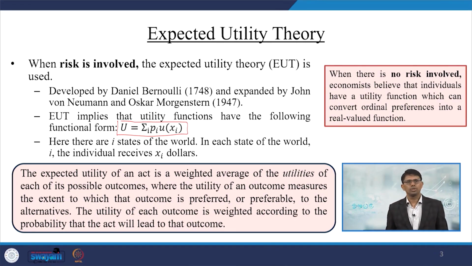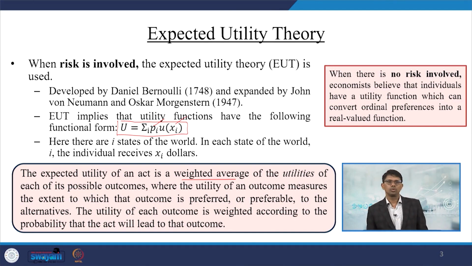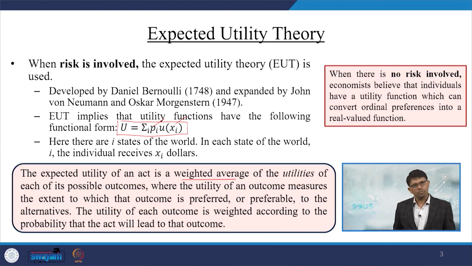So, the expected utility of an act is a weighted average of the utilities of each of its possible outcomes, where the utility of an outcome measures the extent to which the outcome is preferred to the alternatives. The utility of each outcome is weighted according to the probability that the act will lead to that outcome.